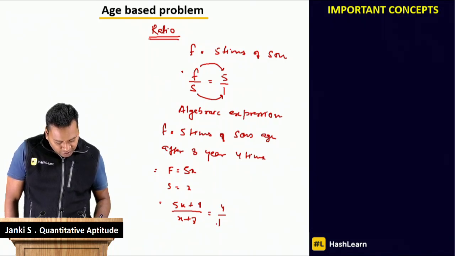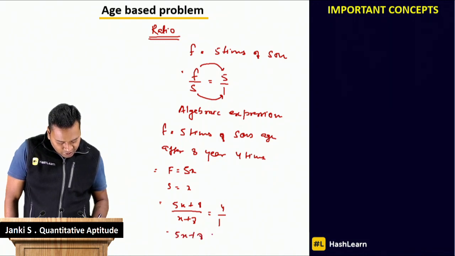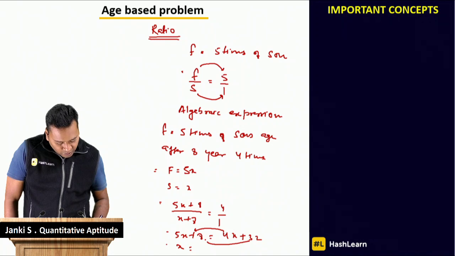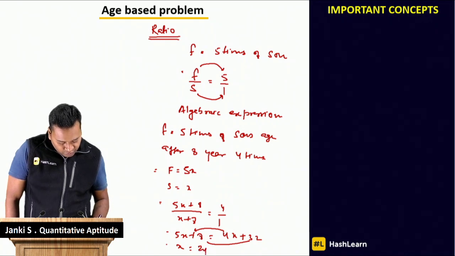So that's my basic representation here, which we'll try to work on. So 5x plus 8 is equal to 4x plus 32, right? That represents the value x. It will come towards this side and this will go to the other side, which is 32 minus 8, that's 24, right?